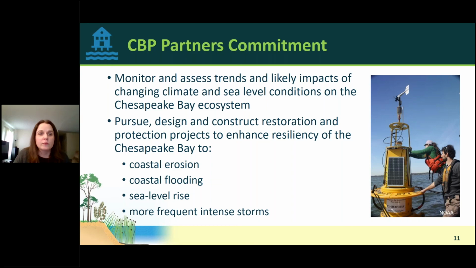We also pursue, design and construct restoration and protection projects to enhance resiliency of the Chesapeake Bay. We want to enhance resiliency to several issues that are occurring because of climate change: coastal erosion, coastal flooding, sea level rise, and these more frequent intense storms. All of these issues could make it more difficult to meet our restoration goals through the Chesapeake Bay Watershed Agreement.